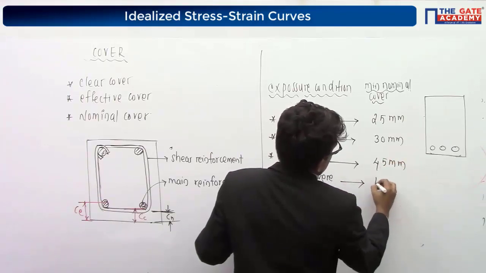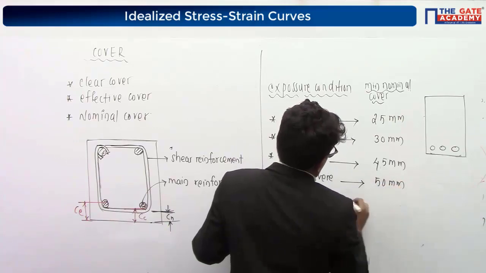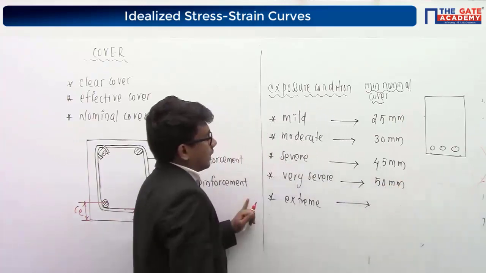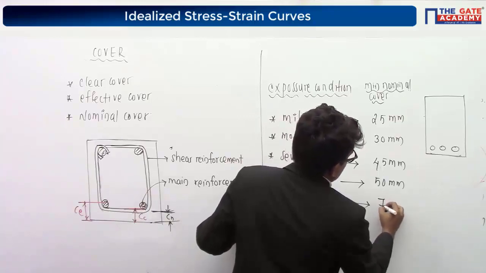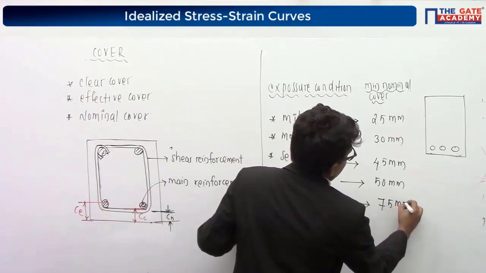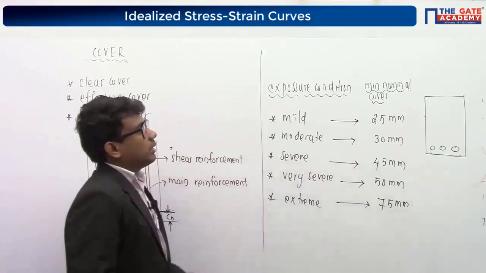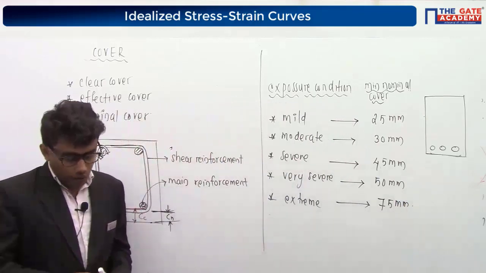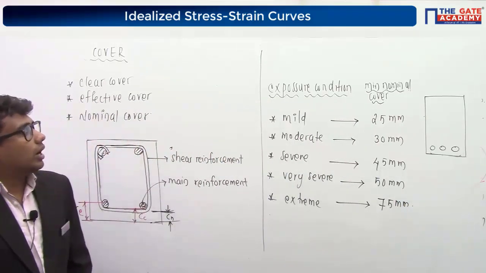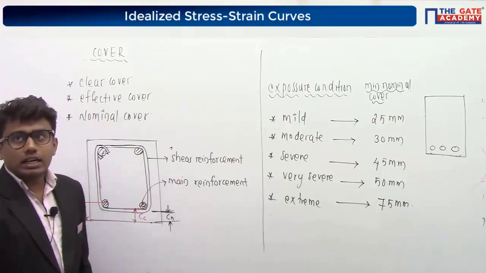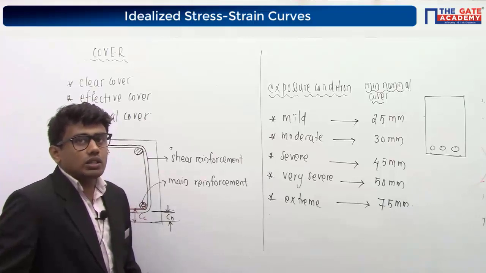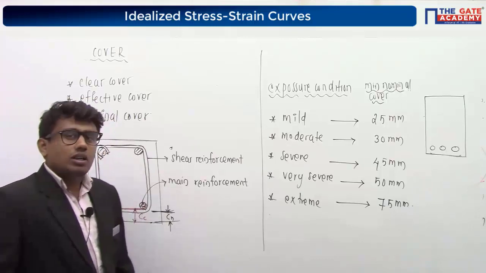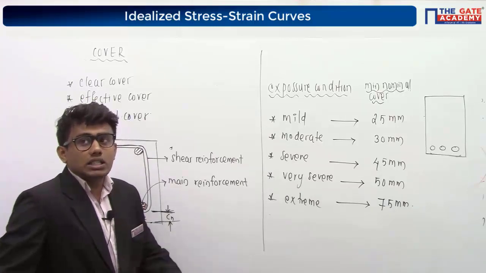Here it is 50 mm, and finally for extreme condition, we have to provide a minimum cover value of 75 mm. These are the minimum nominal cover values for different exposure conditions. You have to remember these values, and you have to remember what is clear cover, what is effective cover, and what is nominal cover.